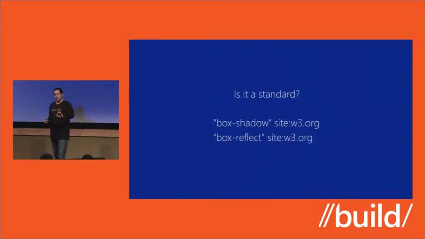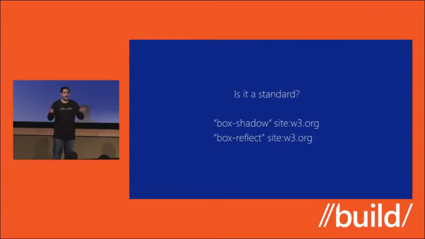If I click on a link and it pulls up a specification for me, that's a pretty good indication that this is something that's being considered as a true standard. If I do box-reflect, though, which I do know is not a standard, and it comes up with conversations on mailing lists and a couple of articles from some developers who thought it was cool, it's pretty sure that it's not a standard, and you may want to consider whether you want to use it or not.